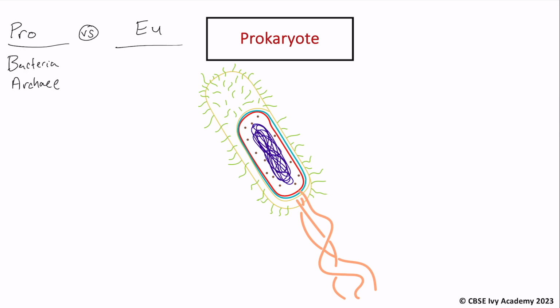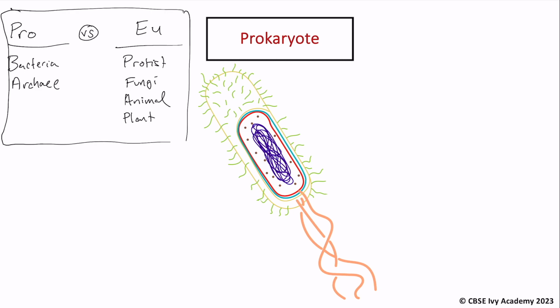But if you are a protist or fungi or an animal cell or a plant cell, you will be a eukaryote. So you should keep these divisions in mind for prokaryote versus eukaryote.